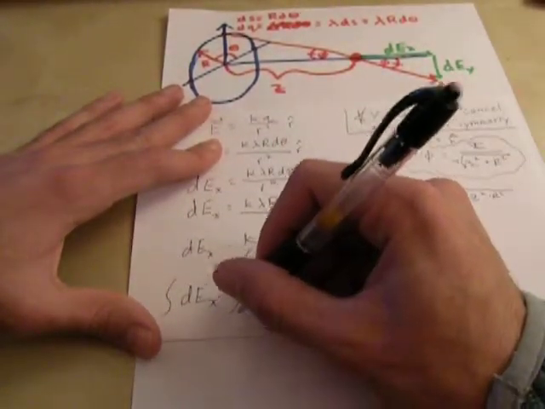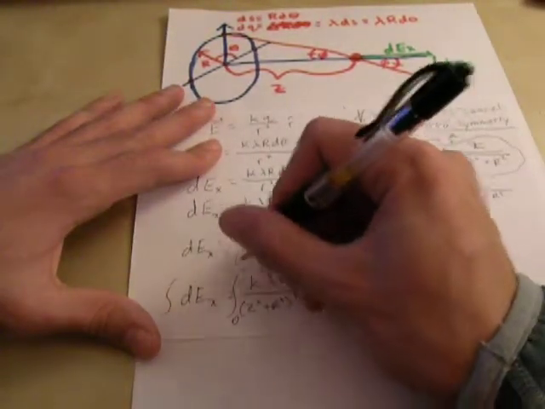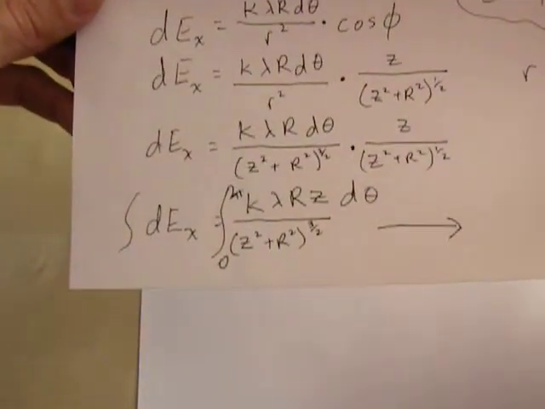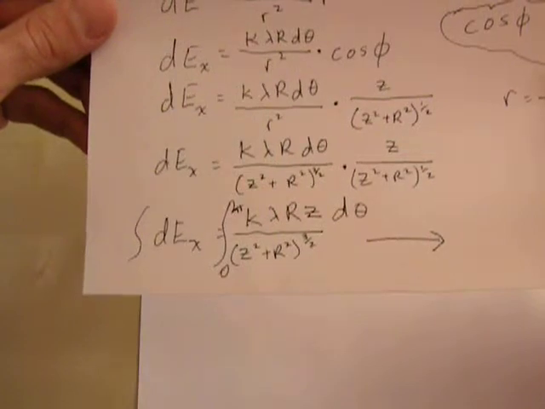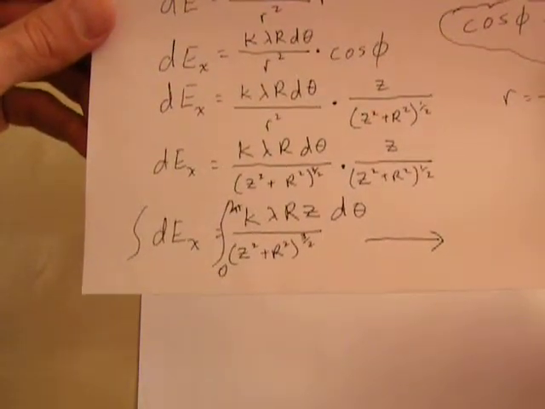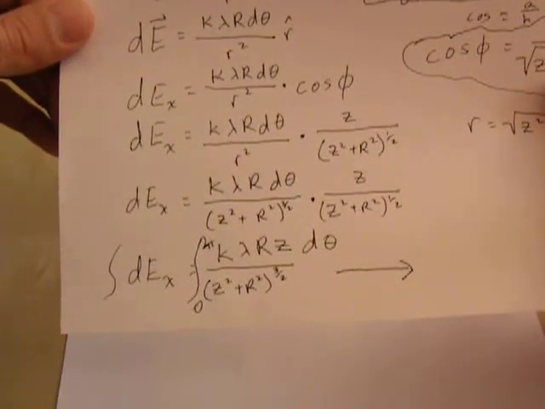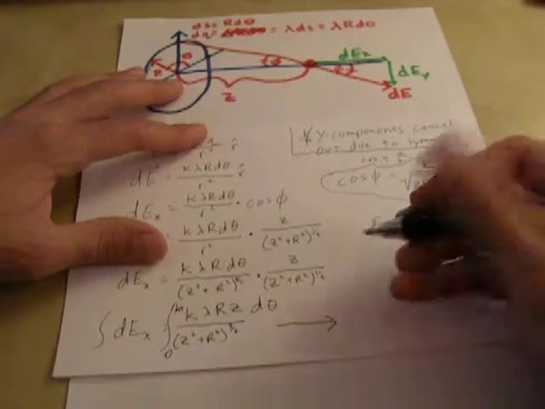We're integrating values from 0 to 2 pi because we're going all the way around the circle. If it was half a circle, it'd go 0 to pi, 3/4, some fraction I don't want to do right now because I'm brain dead.